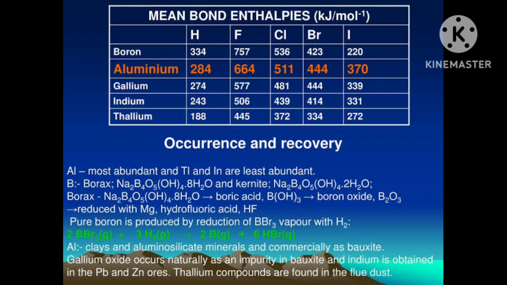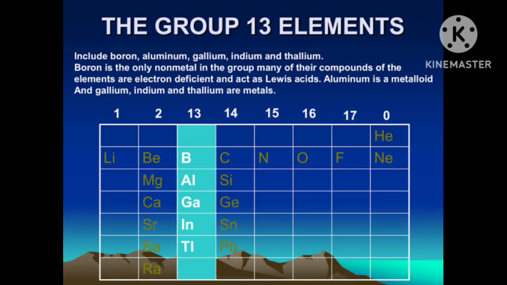When one electron is removed, that is the first ionization energy. If a second electron is removed, then how much energy is involved? That is the second ionization energy. And third, how much energy is required to remove the third electron? That is the third ionization energy.